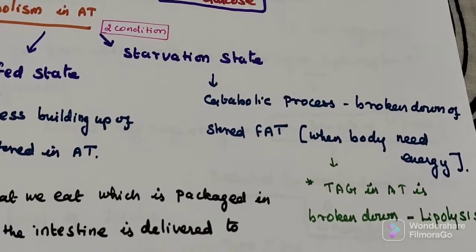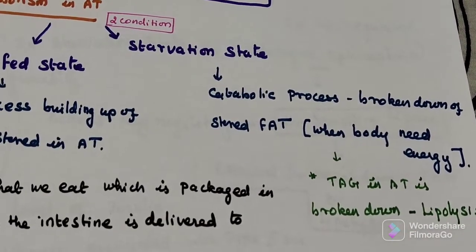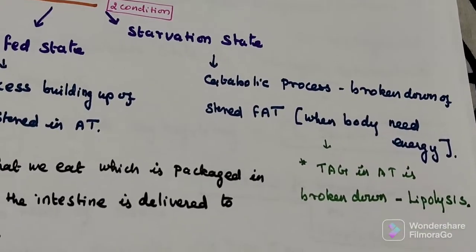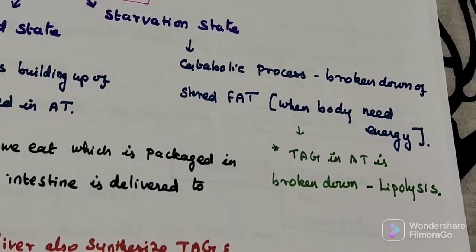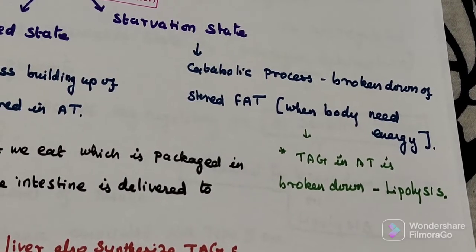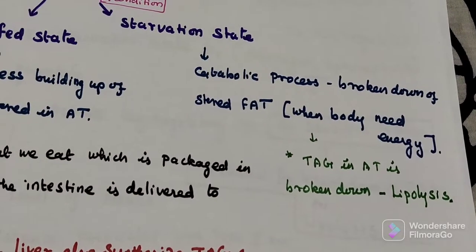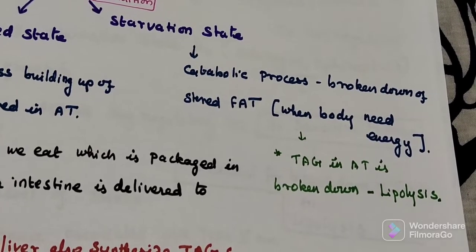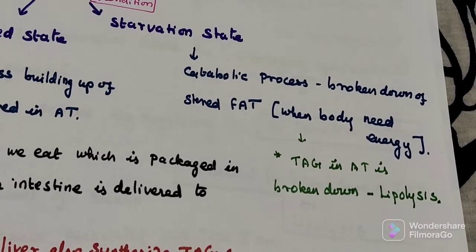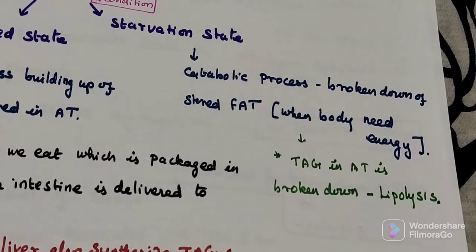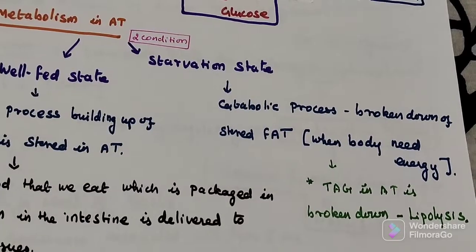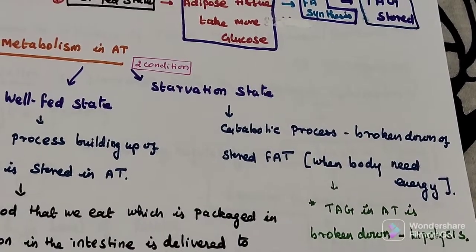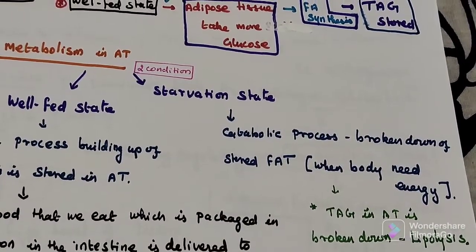In the starvation state, when the body needs energy, the triacylglycerol in adipose tissue is broken down by the process of lipolysis, which ultimately provides energy to the body. So fat metabolism in the well-fed state is an anabolic process.